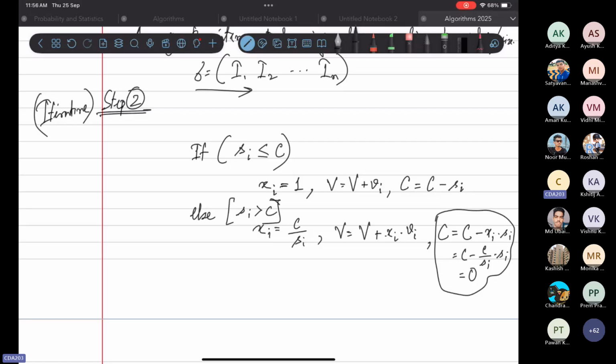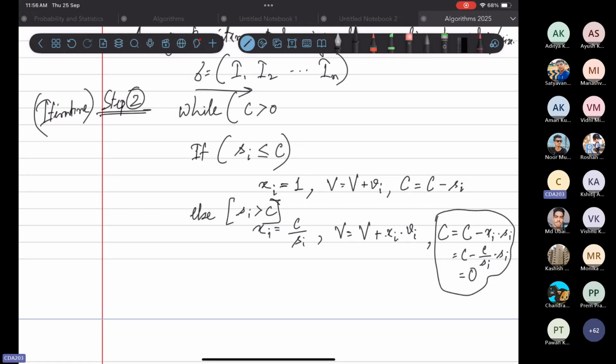So what am I doing? I'm choosing as much as I can, right? So after I choose some fraction of that item, the knapsack capacity is actually full. Knapsack is full, right?